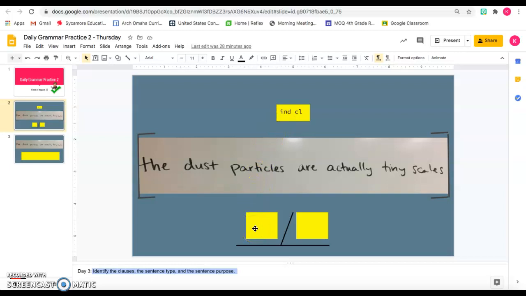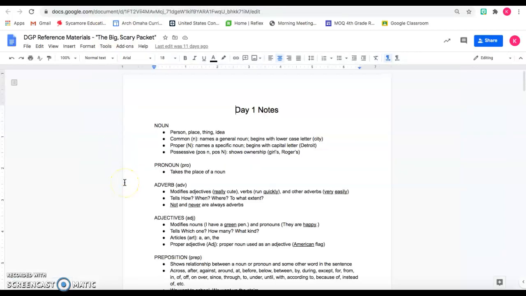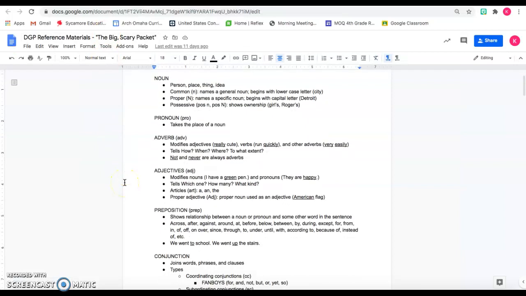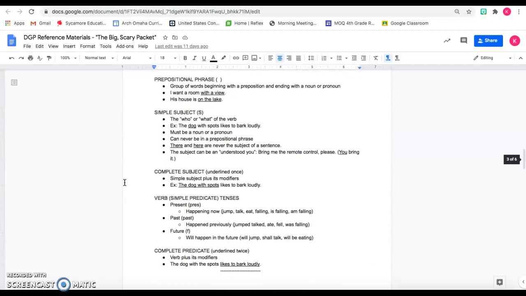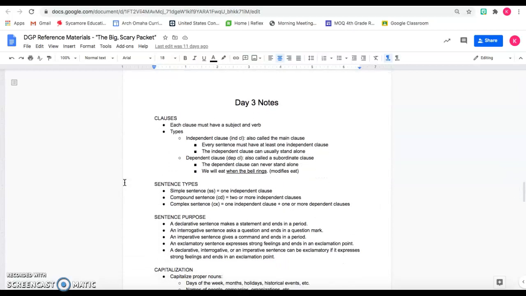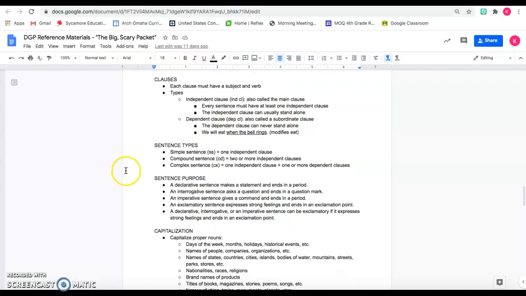Okay, so if our sentence only has one independent clause, we should be able to determine the sentence type. So if you go over to your big scary packet, which some of us have a paper copy of, and others you can find the reference material in Google Classroom. If you scroll down or flip to the third day of notes and you look at sentence types, there are 3 possible sentence types we could be dealing with this year: simple sentences, compound sentences, or complex sentences.